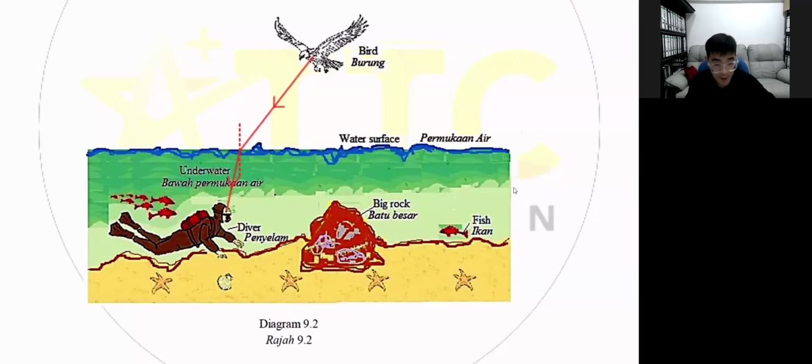It's also because water has a higher optical density than air, less transparent than air. Because water is less transparent, the light travels slower in that medium. So in the water, the speed of the light decreases and this causes the light to bend towards the normal line.